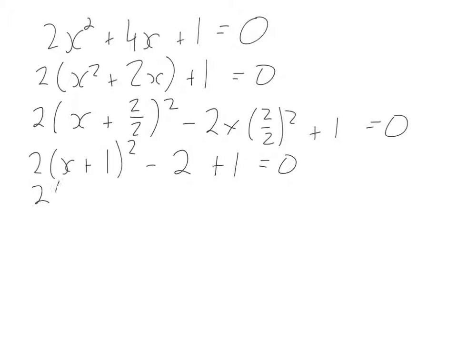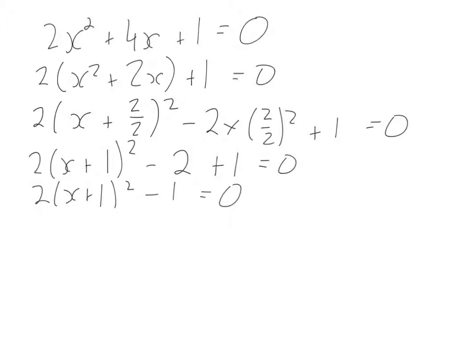So we have 2 outside of x plus 1 all squared minus 1 is equal to 0. And that is now in the completing the square format. If instead of being equal to 0, we said this is equal to f of x, so it was like a function, we would say this is in turning point form. Alright, but let's solve it anyway. It's equal to 0, so let's solve it.